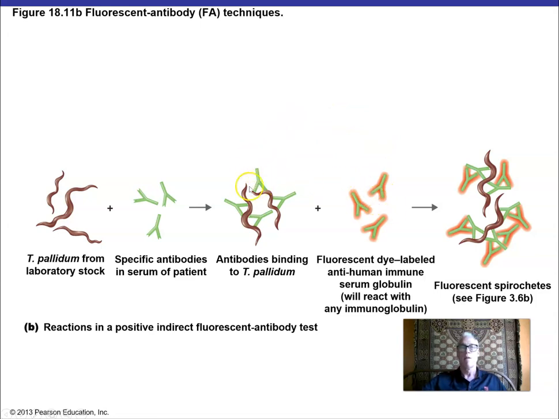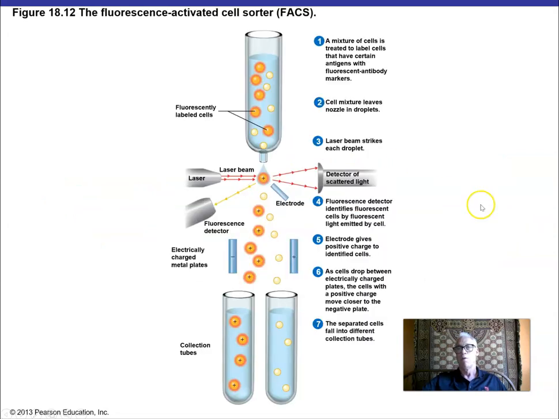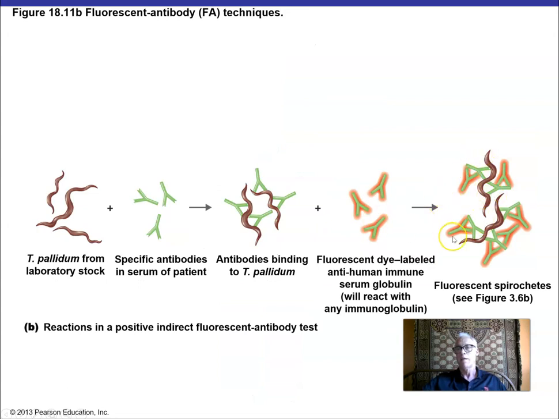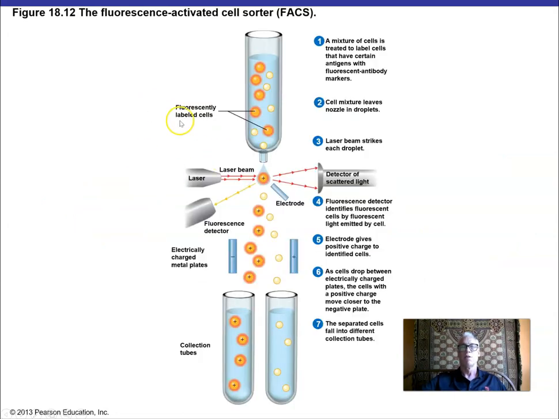You can make antibodies against antibodies. You inject some human antibodies into a rabbit, say, and now we've got some rabbit anti-human antibodies, stick a fluorescent dye on there, and boom, you would only have seen these spirochetes glowing with fluorescent light emission if someone was positive for syphilis antibodies.